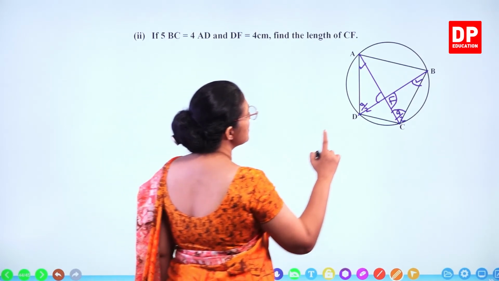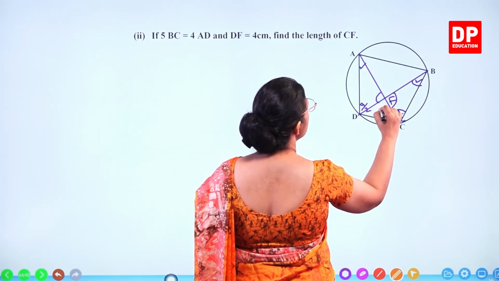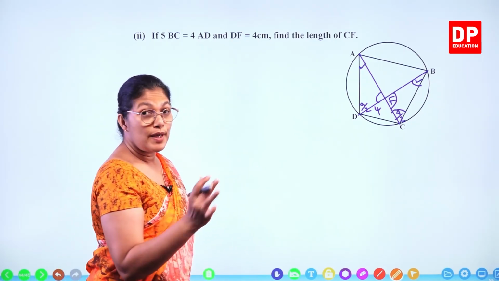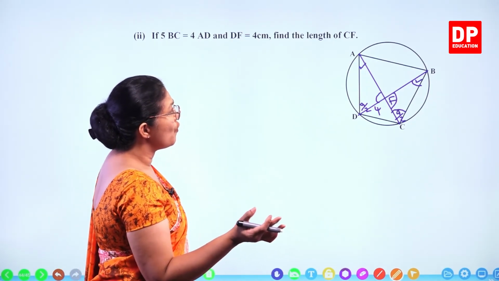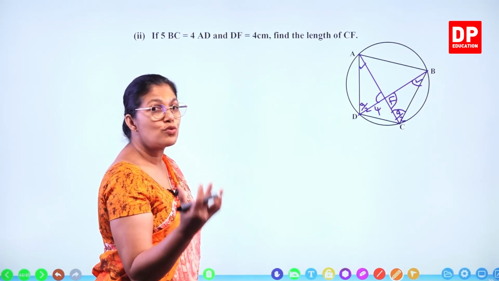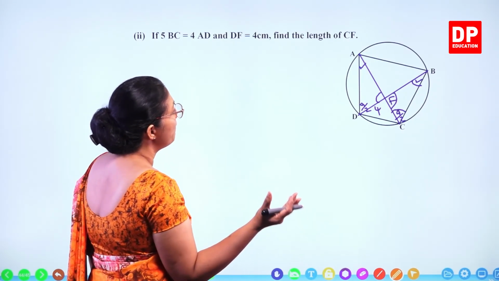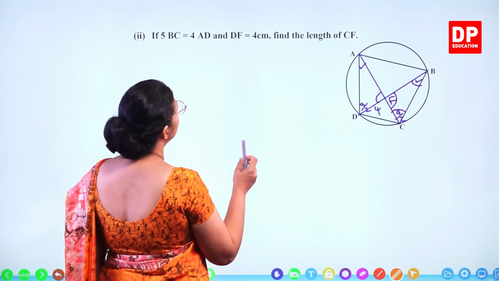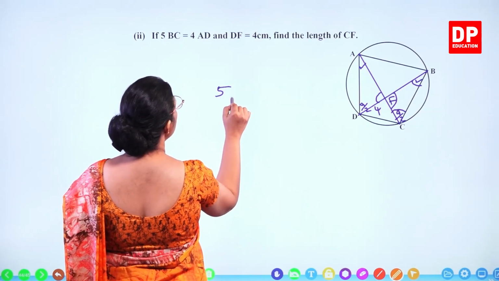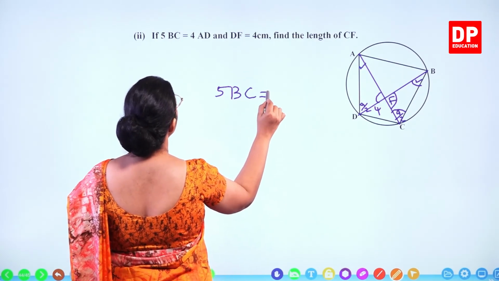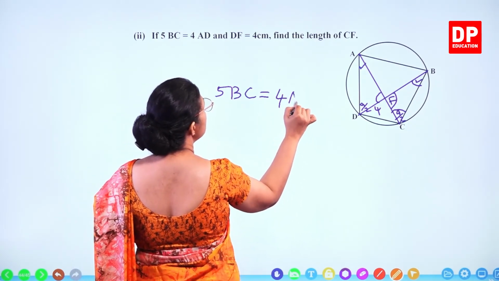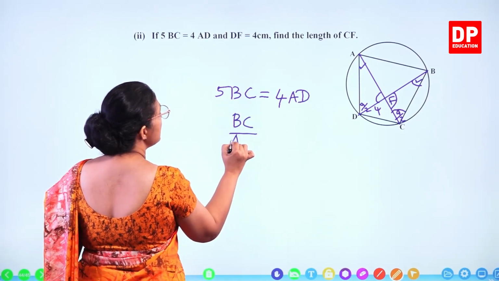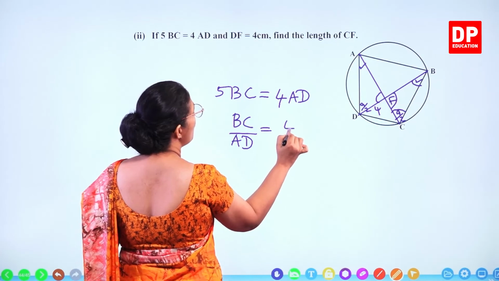DF equals 4 centimeters. This is 4. Find the length of CF. Now, we can take the ratios for equiangular triangles because the two triangles are similar. So, ratios are the same. So, what you can say? 5BC equals 4AD. That means BC to AD is equal to 4/5.